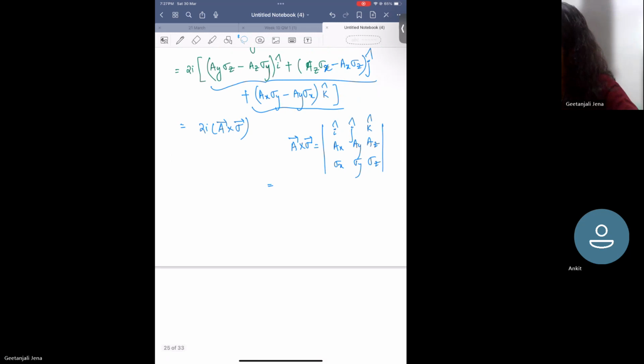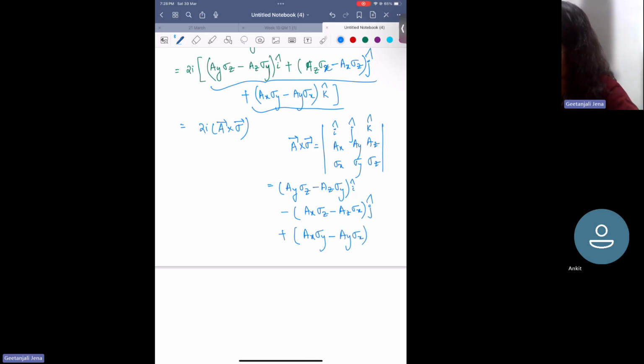If you check this curl, it is Ay sigma z minus Az sigma y, i cap, minus Ax sigma z minus Az sigma x, j cap, plus Ax sigma y minus Ay sigma x, k cap.